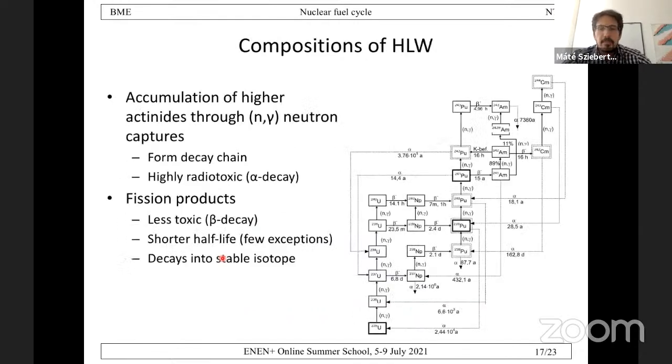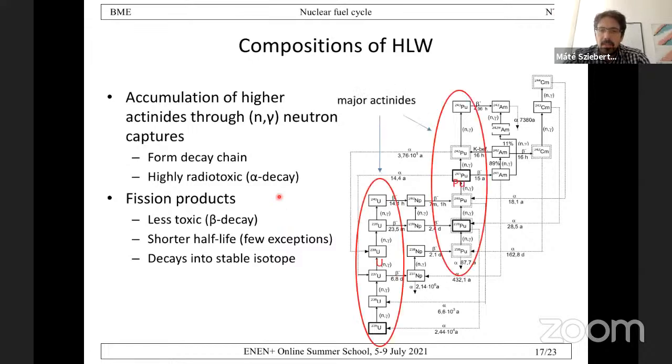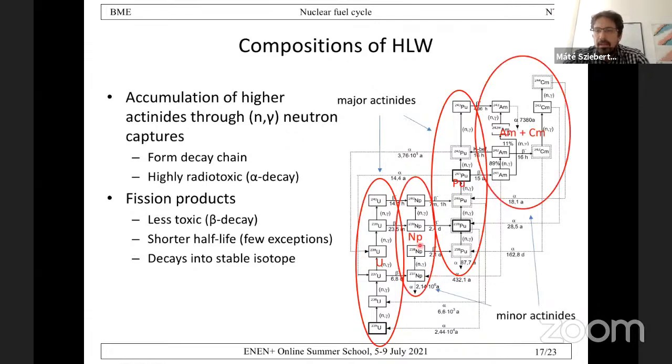Another important aspect of the fuel cycle is what kind of waste remains after it. There are two main processes producing the waste. One is the production of higher actinides, which can be either major actinides, which are uranium and plutonium, or the minor actinides like neptunium, americium, and curium.